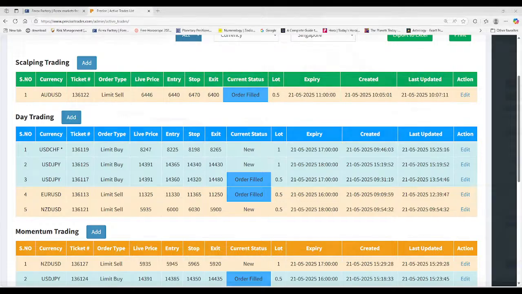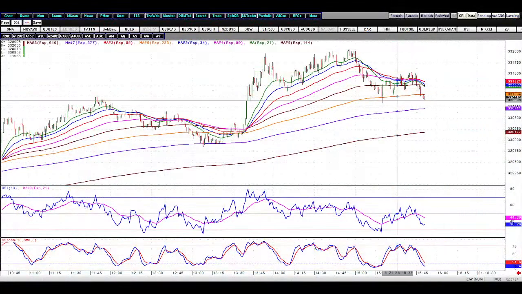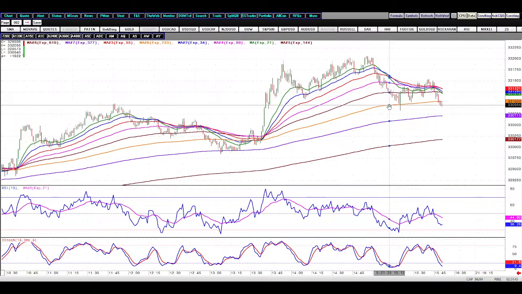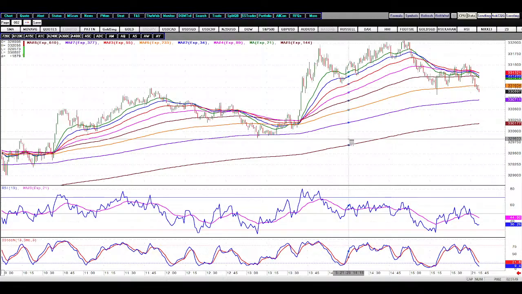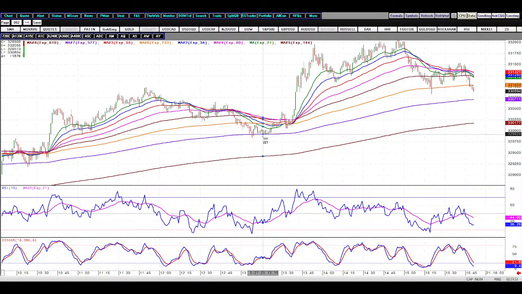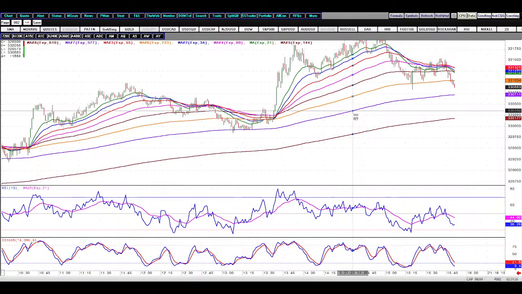Okay, on gold we need to see a break of 3308. Then most likely we can confirm that the high is seen. And we need to see a break of 3300 for further weakness.